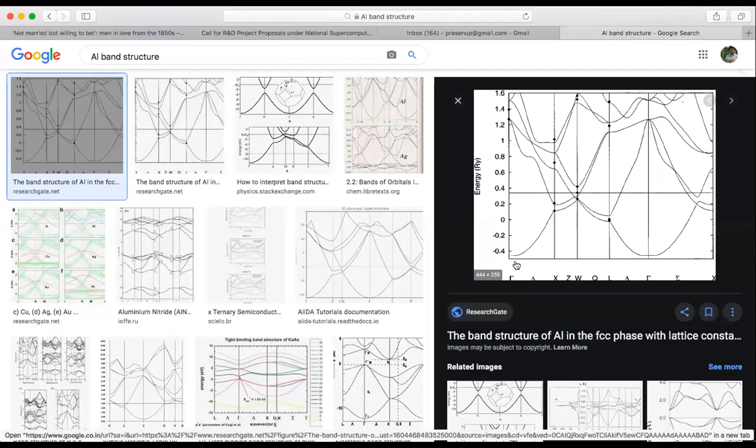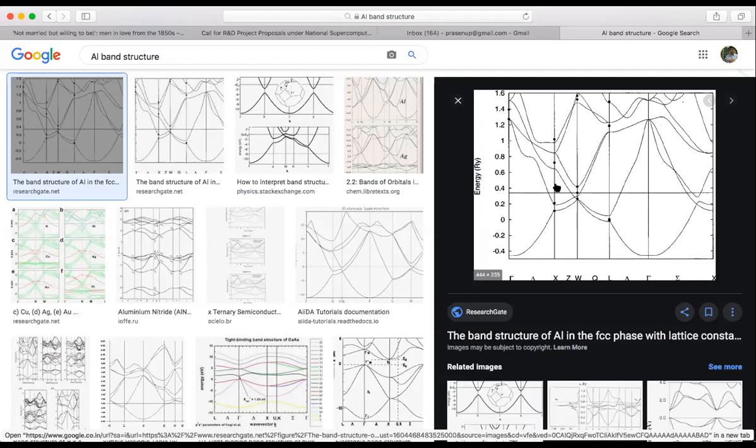So if I look at this band, for example, this would be completely filled at room temperatures. So therefore, this will not contribute to the electric current.